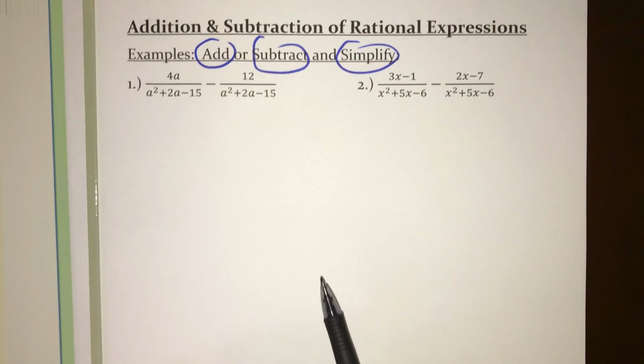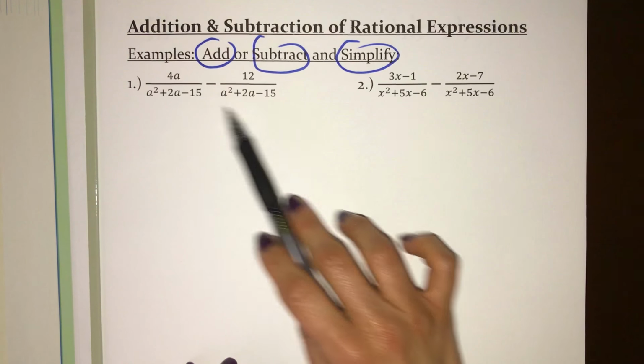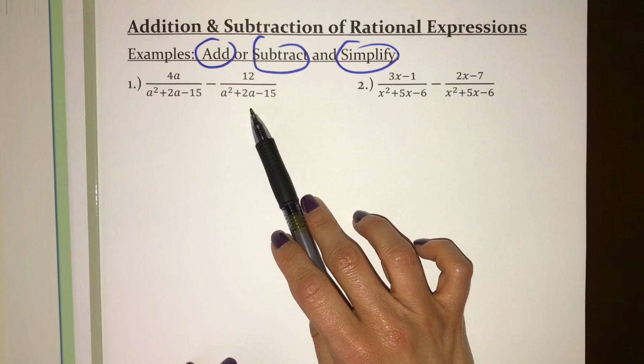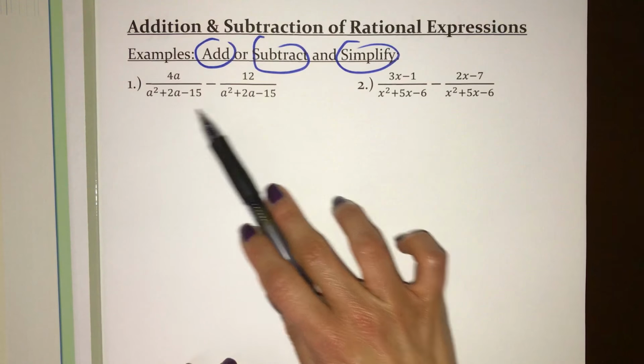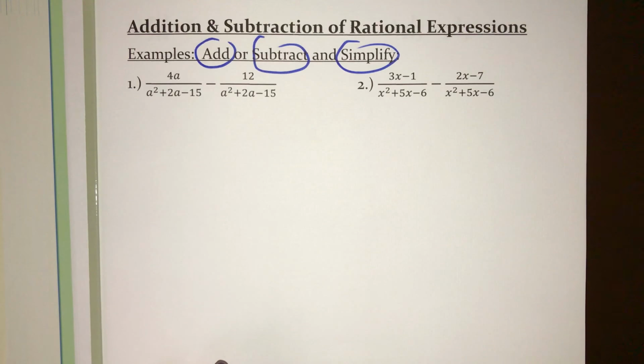So we'll start with the first example. Notice that we actually have the same denominator. So for addition and subtraction, we do need to have a common denominator. And in this case, we do, so we can just subtract. So the way you want to do this is notice that you can factor the denominator.